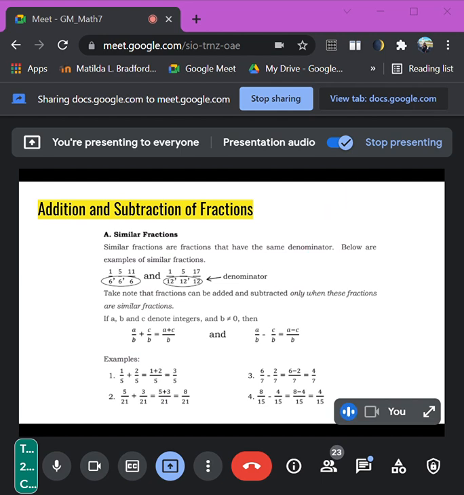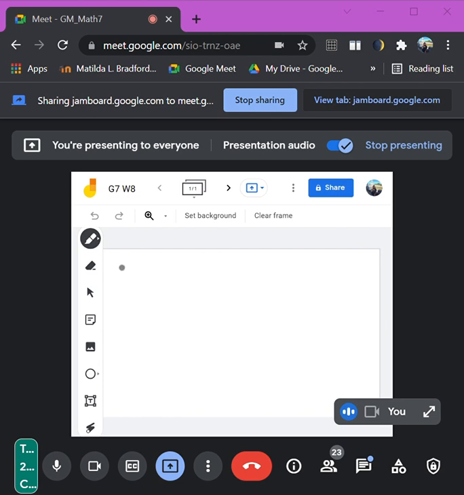So let me share a Jamboard so that you can visualize what I said. So you have there 5 over 21 and then plus 2 over 21. Diba, we're just going to add the numerator naman. So that is 7 over 21.